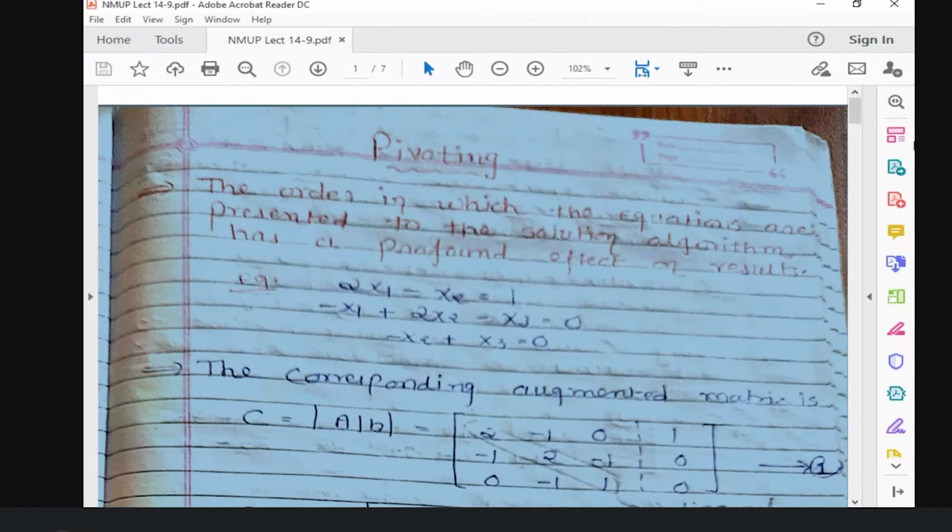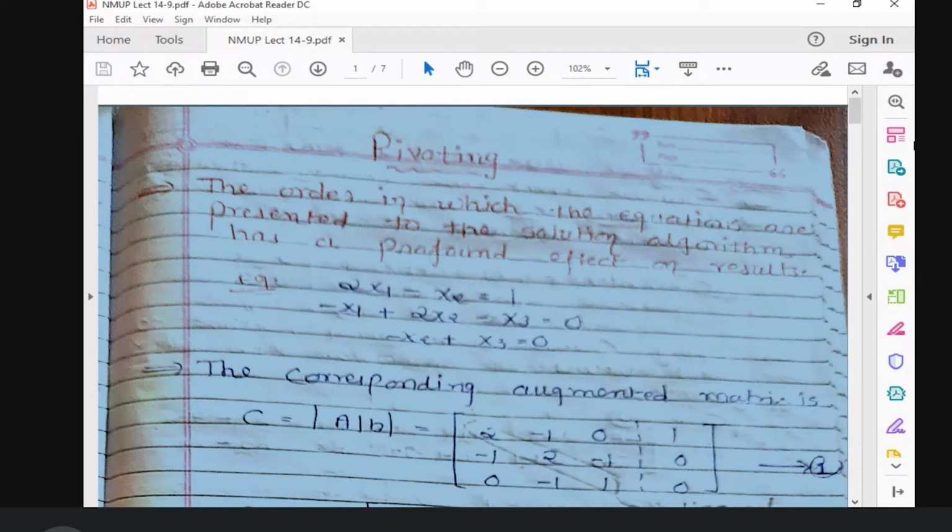If we rearrange the set of equations, at that time also we find different answers. So for that, first of all, we have to fix one order in which we are going to execute all these equations, and with the help of that, we calculate the unknowns available in the set of equations, right?